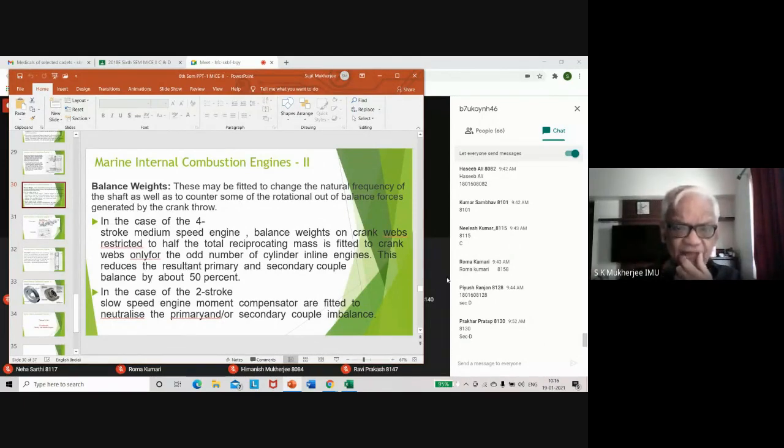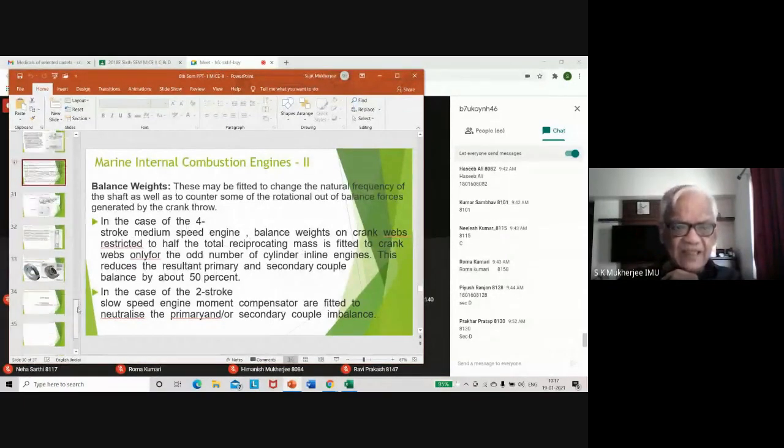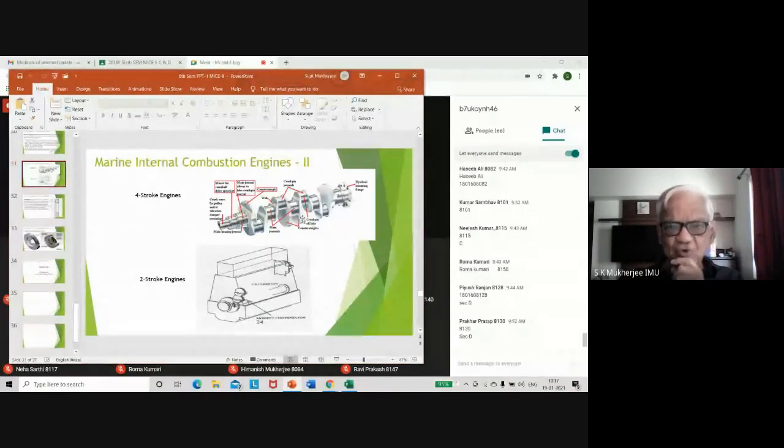In the case of a two-stroke slow-speed engine, moment compensators are, you see, heavy wheels which are fitted inside the engine to neutralize the primary and secondary couple imbalance. Here is your diagram to show you how the counterweights are fitted in four-stroke engine crankshafts.